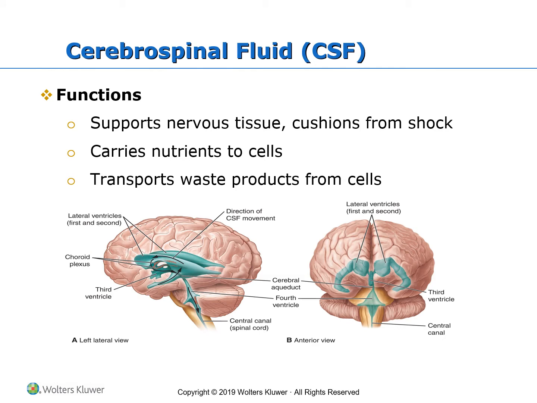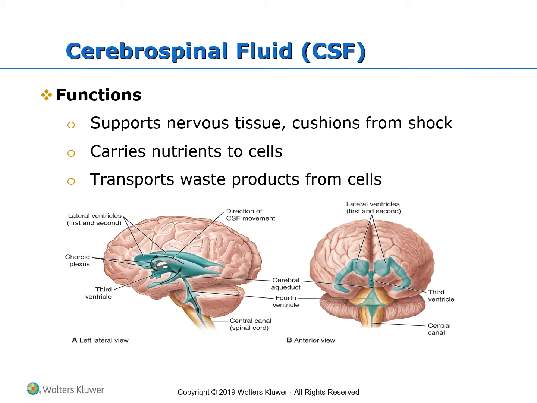I mentioned before the fluid that circulates inside the subarachnoid space, called the cerebrospinal fluid. It's a clear liquid that circulates and surrounds the brain and the spinal cord.